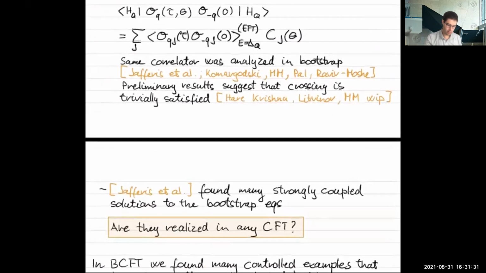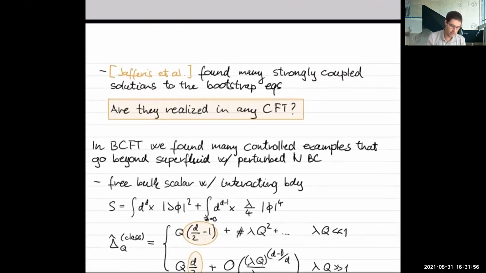So finally, in this paper of Jeffries et al. that I mentioned, by analyzing their bootstrap equations, they found many strongly coupled solutions of the bootstrap equations, which are not the large charge EFT. It's an interesting question whether there are any CFTs that realize these solutions of crossing.